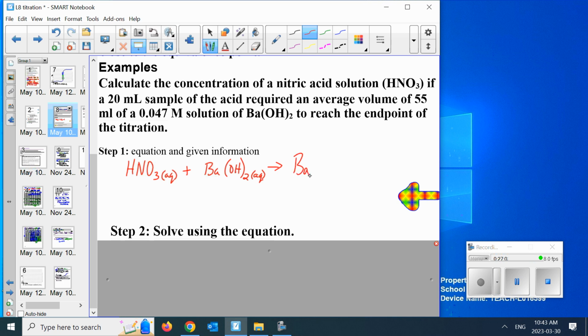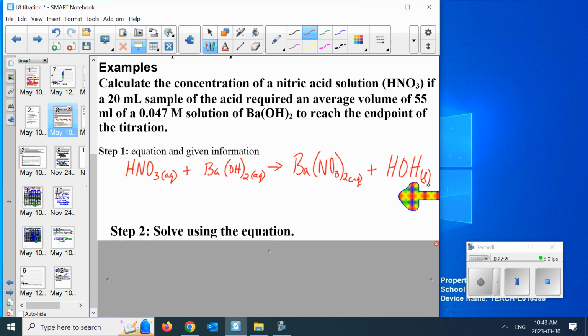Barium has a 2 plus charge, so you're going to need 2 nitrates. And then water. I'm going to put it as HOH to make it easier to think of the balance. I think of it as H plus connected to hydroxide. It's a liquid. We're good?